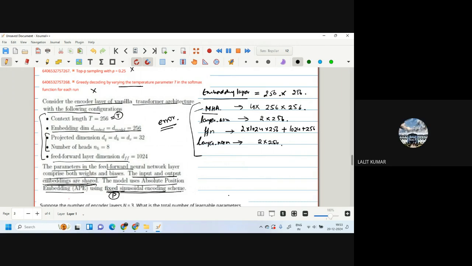So 256 is 2 to the power 8 into 2 to the power 8, plus this is 2 to the power 2 into 2 to the power 16, plus 2 to the power 9, plus 2 into 2 to the power 10 into 2 to the power 8, plus 2 to the power 10, plus 2 to the power 8, plus 2 into 2 to the power 8. It is like this.